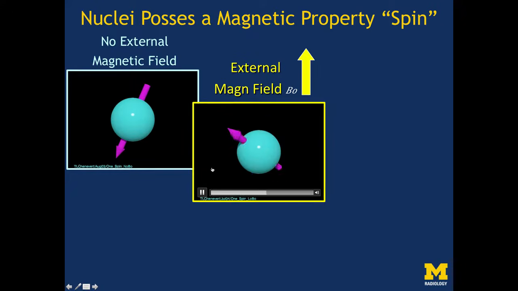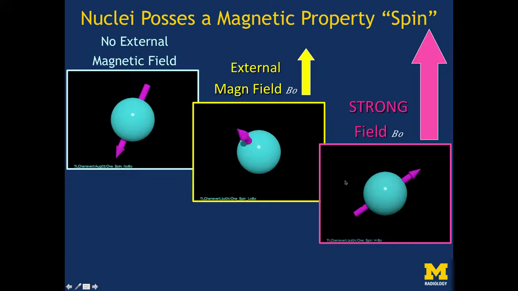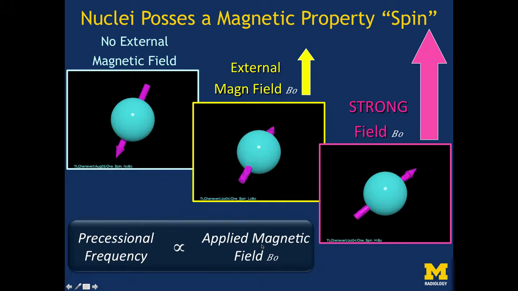The moment that magnetic moment is in a magnetic field, it will now precess, much like a spinning top on the floor. What's most important is that the rate of precessional frequency is directly proportional to our magnetic field. And this one expression here is really the primary basis of MRI.